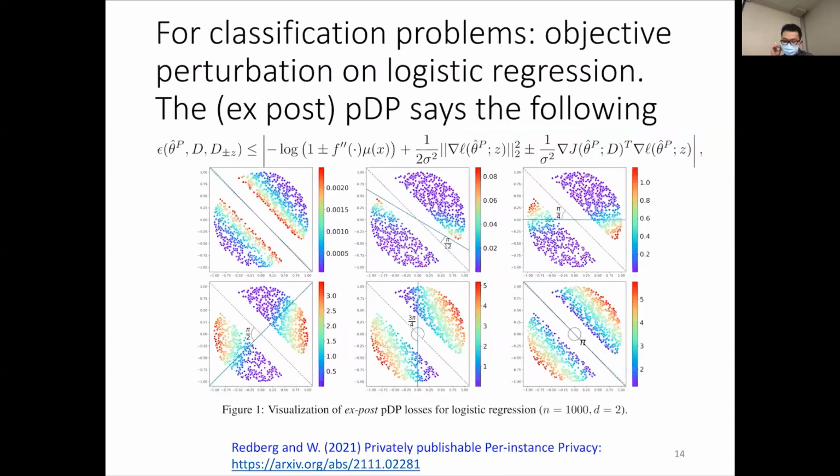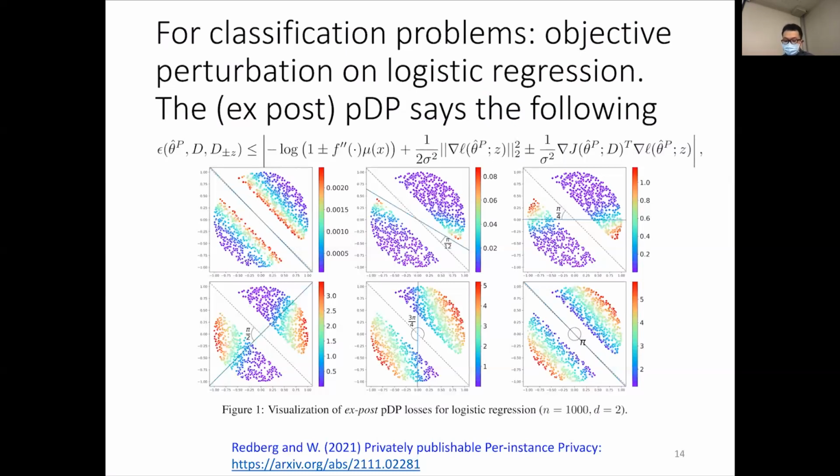And beyond linear regression, we can also try bounding the per-instance DP losses, or the absolute value of the privacy loss random variable, for say the objective perturbation mechanism on logistic regression. This was from a recent NeurIPS paper.